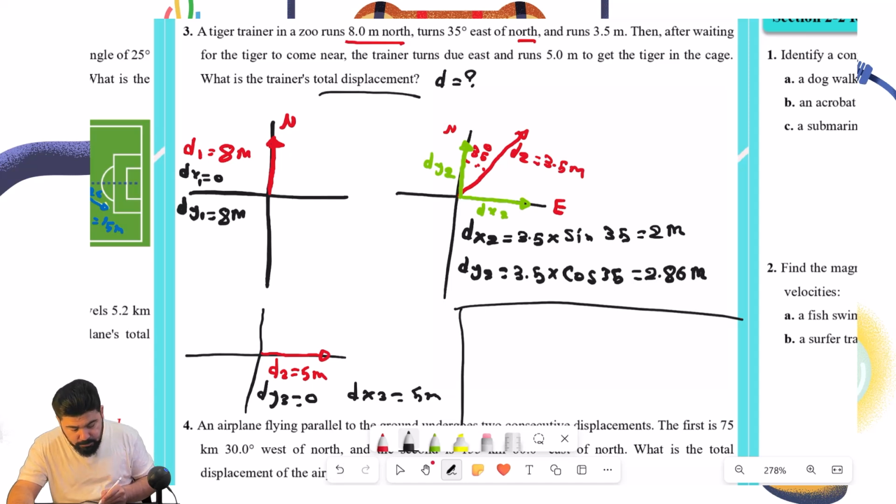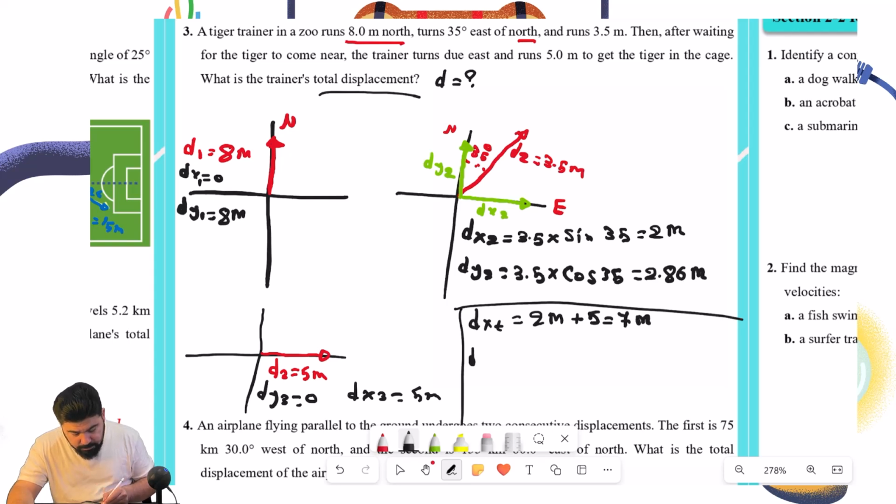For the displacement, I need dx total, which is going to be all the x's added together. Here I don't have x. Here x is equal to 2 meters, so 2 plus 5, which is 7 meters.